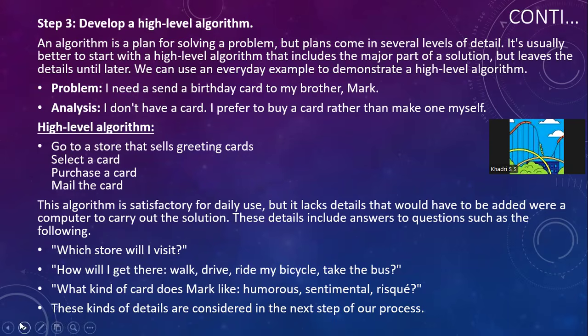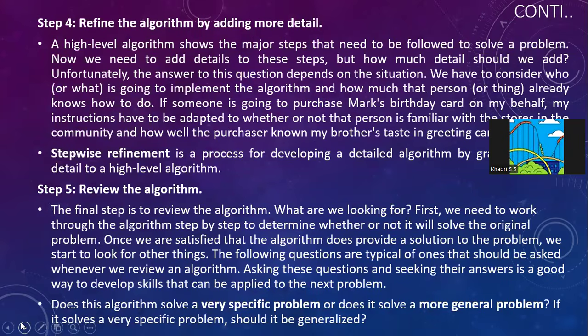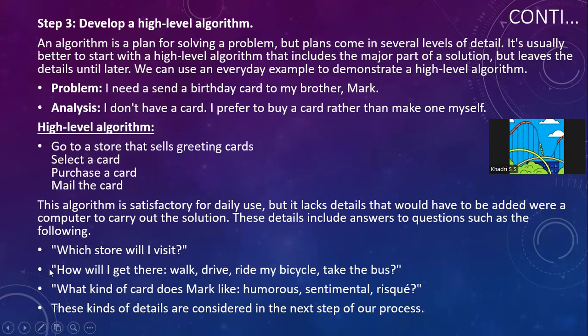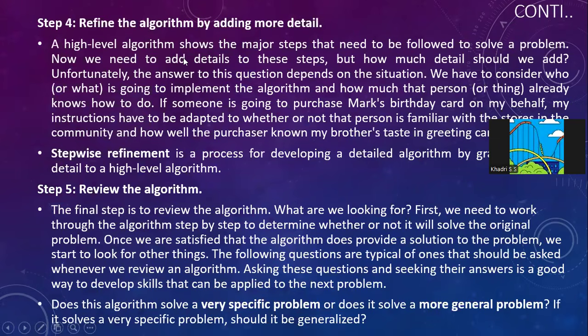The next step is refining the algorithm by adding more details. Just now we have seen that some high level algorithms are already generated, but these are the questions asked when you come across this algorithm. The high level algorithm shows the major steps that need to be followed to solve the problem. Now we need to add details to these steps, but how much detail should we add?